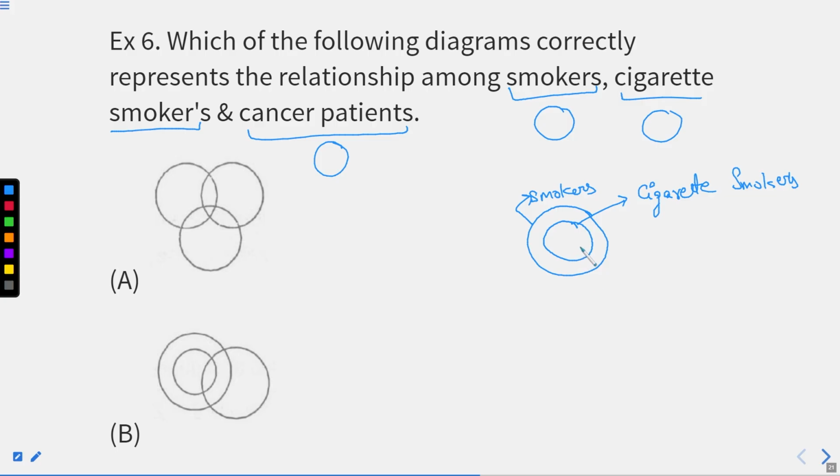So those who smoke cigarettes can also acquire cancer, and if they are smoking anything other than cigarettes, they can also acquire cancer. But cancer does not happen only because of smoking; there are many other causes as well. So this circle intersecting both the circles will represent a cancer patient. I hope this question is clear, right?